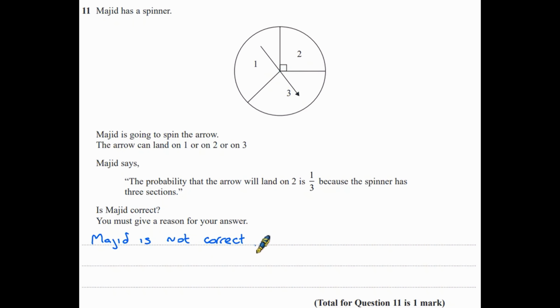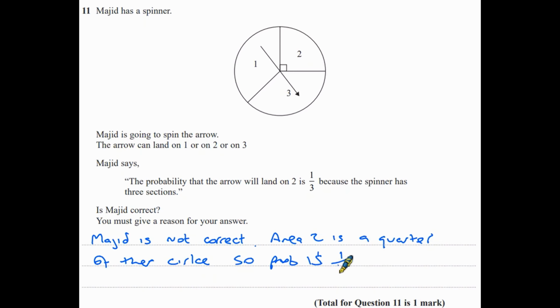Or you could say area 2 is 1/4 of the circle. We know that because there's a 90-degree right angle there, is 1/4 of the circle. So in that case, the probability is 1/4.